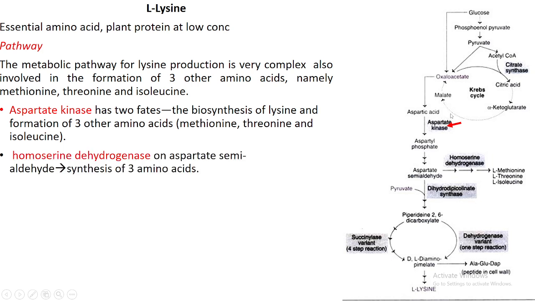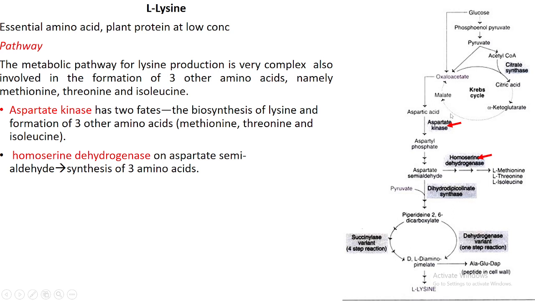Then we have homoserine. These are the important enzymes, rate limiting enzymes. So we have homoserine dehydrogenase. From aspartate semialdehyde, what this particular enzyme does is convert aspartate semialdehyde into methionine, threonine, and isoleucine via different steps.